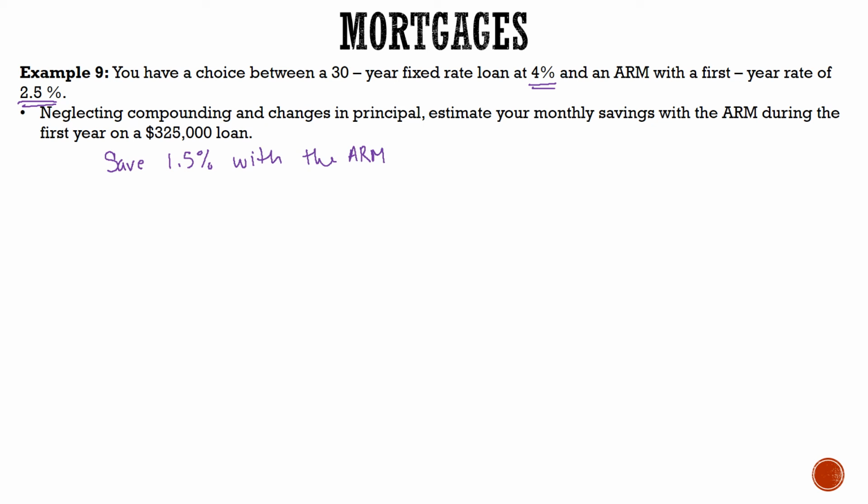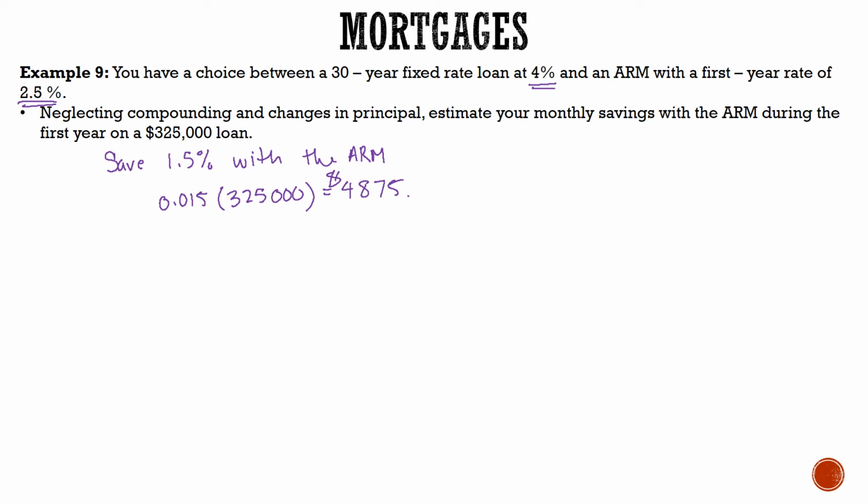So the 1.5% as a decimal, 0.015, we're going to be saving that 1.5% on our loan amount. So that'll be on $325,000. Multiplying those together, we get $4,875. So $4,875 is the dollar amount we expect to save in that first year with the adjustable rate mortgage.